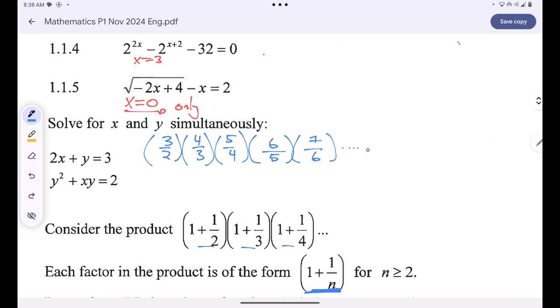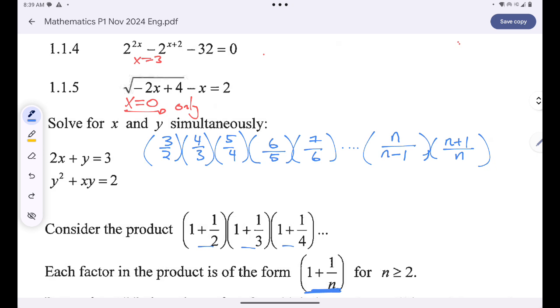This will go on and on until maybe the second last term will simply be, okay, if the last term is just n all over n plus 1, that means the previous term on the numerator we had n, and then we had n minus 1. Are you together? We had n and then n minus 1.